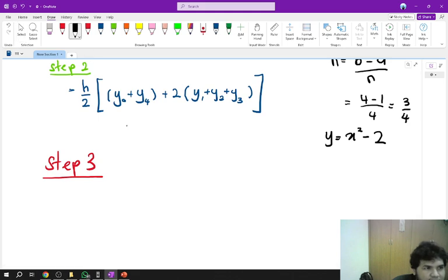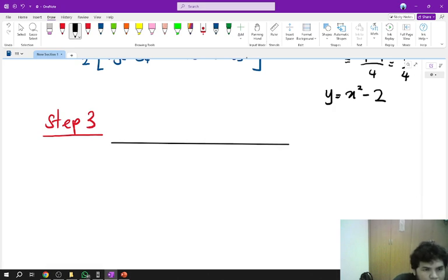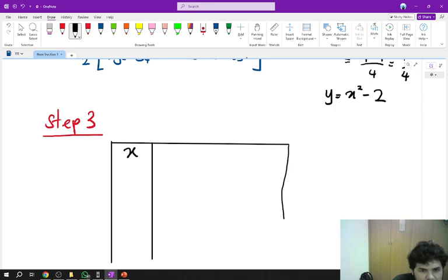For the first column, this column is for our x, and the next column is for our y. The function used for y is x squared minus 2.